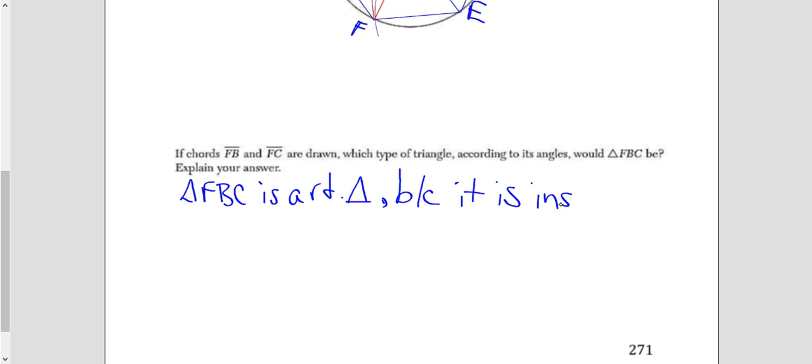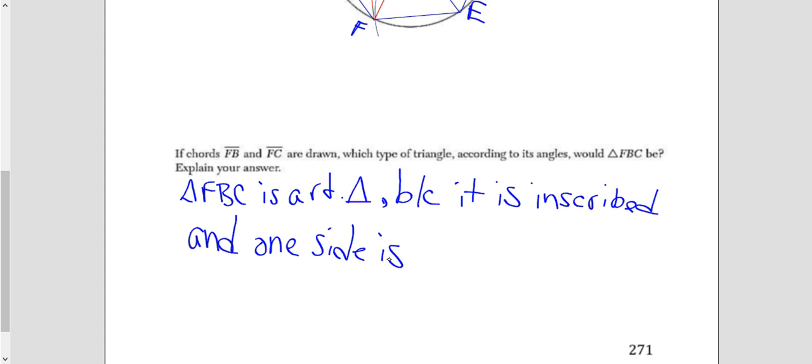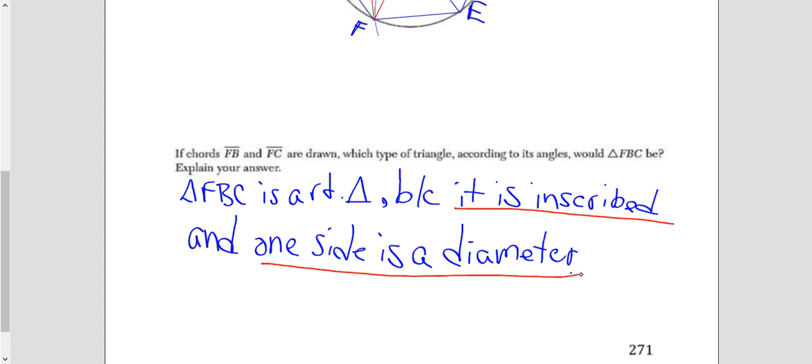That's important to have there. And one side is a diameter. It's important to have both of these reasons because it is inscribed and one side is a diameter.